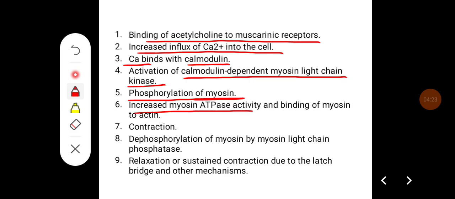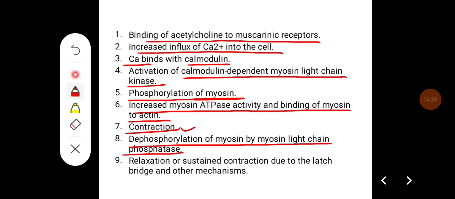Increased myosin ATPase activity and binding of the myosin to actin occurs that leads to contraction. Then dephosphorylation of myosin light chain by myosin light chain phosphatase occurs, which causes relaxation or sustained contraction due to the latch bridge and other mechanisms.